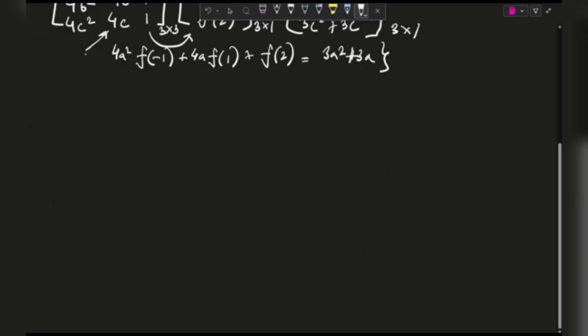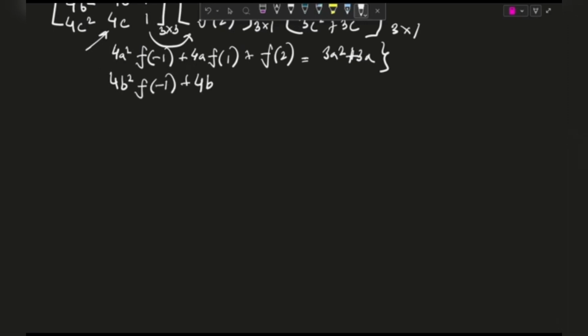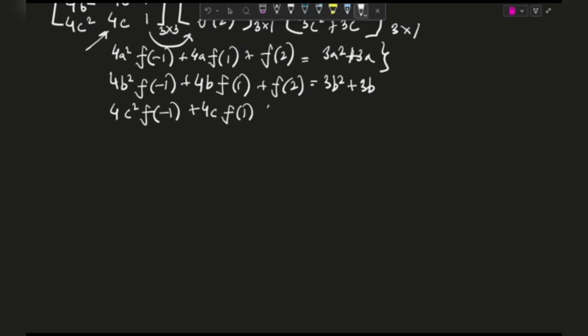So after this, we will get 4b square f(-1) plus 4b times f(1) plus f(2) is equal to 3b square plus 3b. Similarly, we will get 4c square f(-1), you can see a pattern is forming, plus 4c times f(1) plus f(2), which comes out to be 3c squared plus 3c.